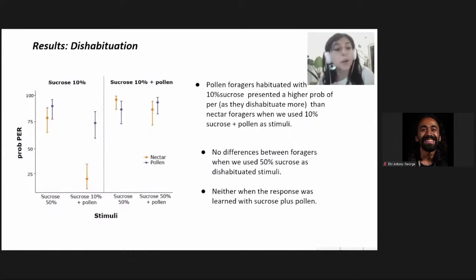We can see that pollen foragers habituated with 10% sucrose presented a higher probability of pair as they dishabituate more than nectar foragers when we use 10% sucrose plus pollen as a stimulus. We found no differences between foragers when we use 50% sucrose as dishabituation stimulus, neither when the response was learned with sucrose plus pollen.